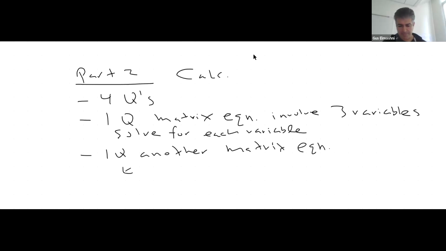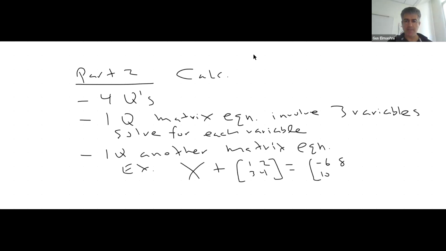If you have, say, X plus the matrix 1, 2, 3, 4 equals -6, 8, 10, and 12. It'll be a little more challenging than that, but pretty close. So X is a matrix, and you have to solve for the matrix. So instead of solving for a letter, your answer is a matrix.